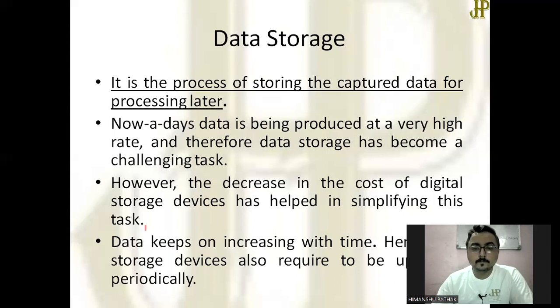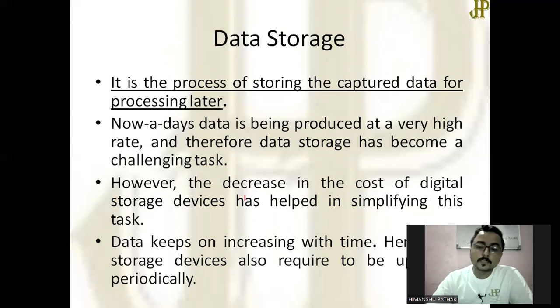Therefore, data storage has become a challenging task. However, the decrease in the cost of digital storage devices has helped in simplifying this task.